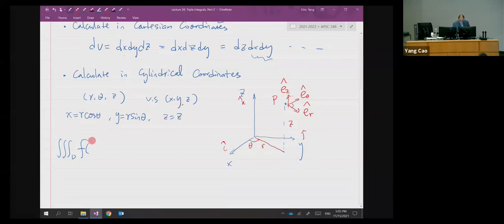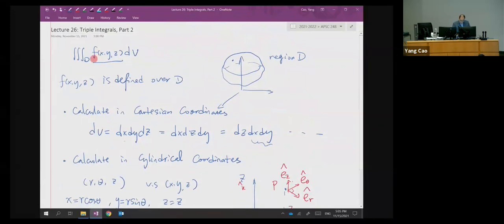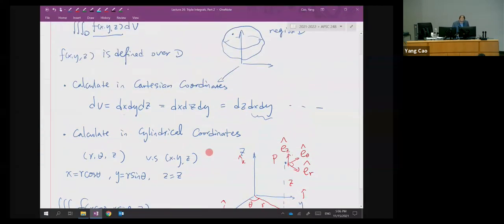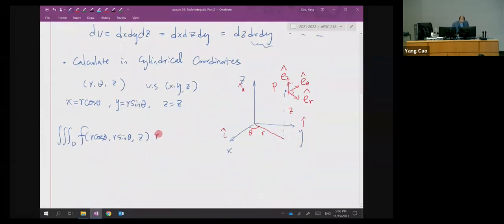So if you integrate your f function within the region D using cylindrical, then we need to replace x with r cosine theta and y with r sine theta. For z, you don't need to do anything, just keep it as z. And then dV is changed to r dz dr d theta. Technically we write dz first, then r dr d theta. So we write the r over here, and then dz dr d theta.